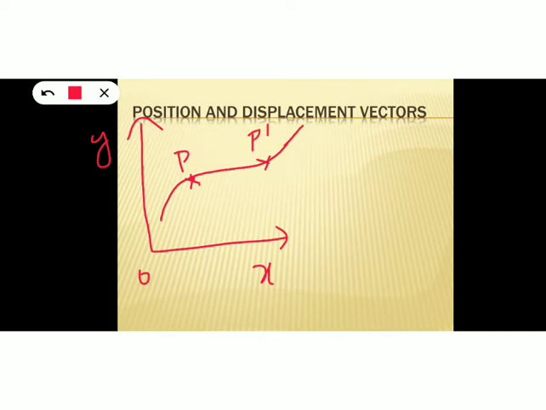Then what is the position vector? In order to specify this position vector, we require an origin. Origin is chosen as a convenient point. So here P is the position of the object at a time t, and P dash is the position of the object at a time t dash.